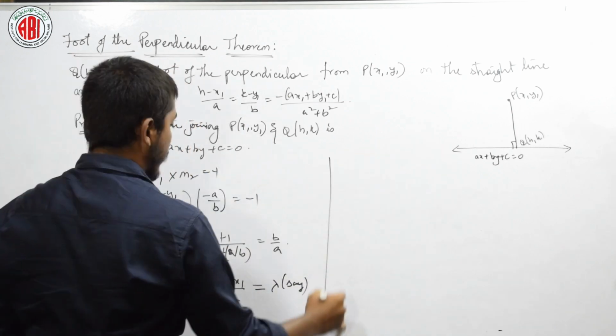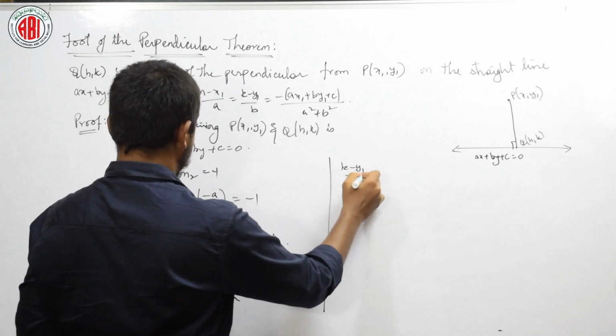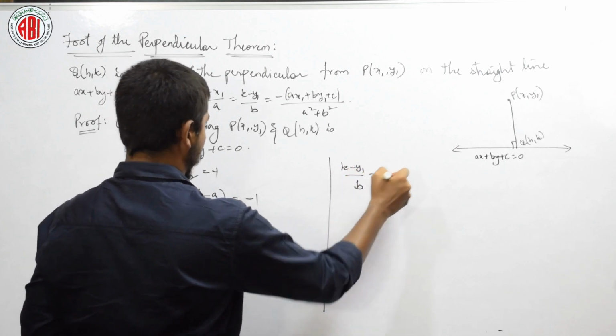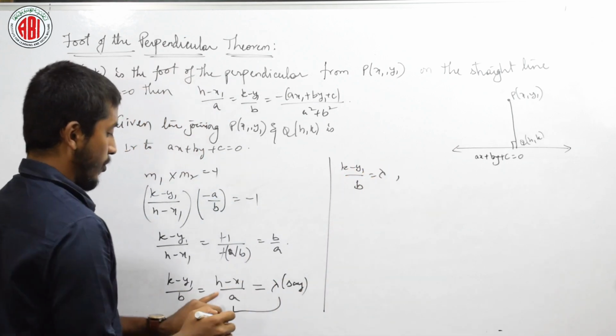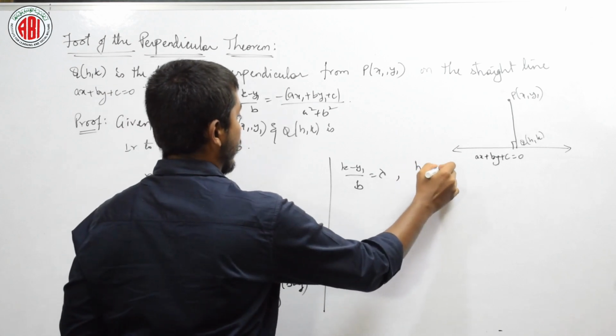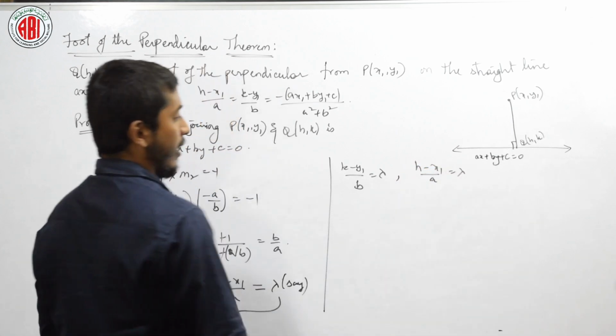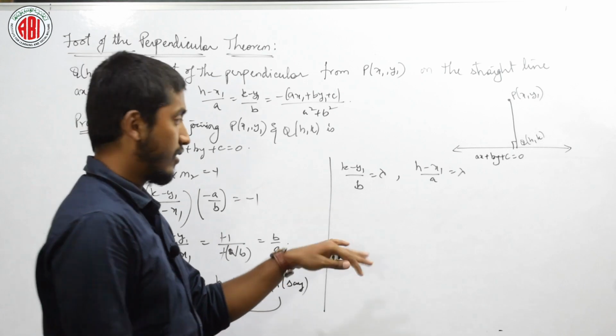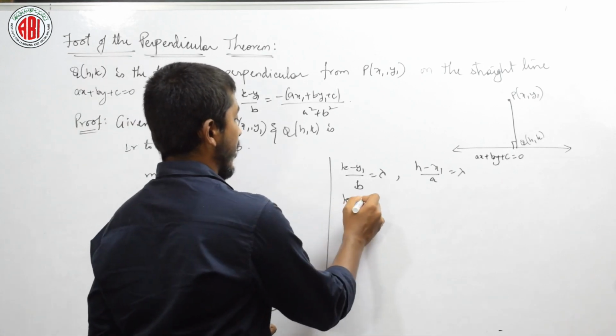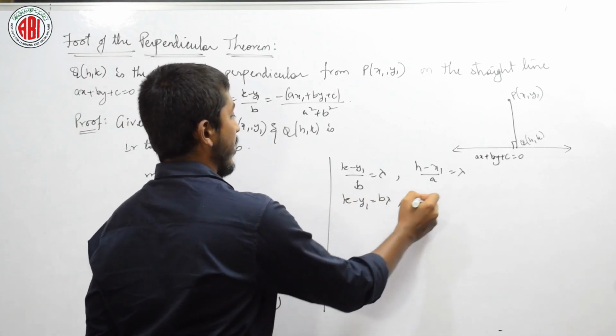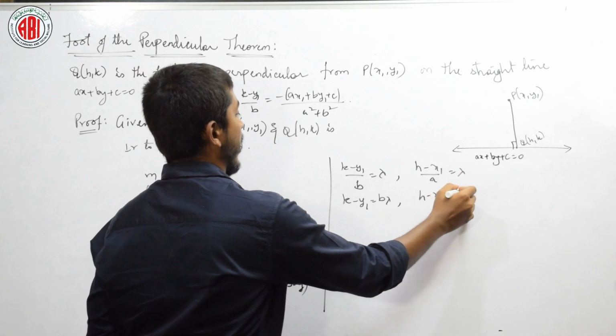Okay, let us see. See here, (k - y1)/b = lambda and (h - x1)/a = lambda. Is it clear? Now let us cross multiply. This becomes k - y1 = b lambda, h - x1 = a lambda.